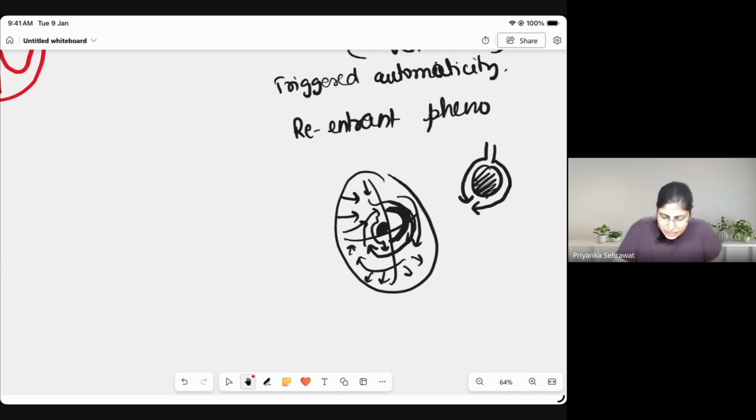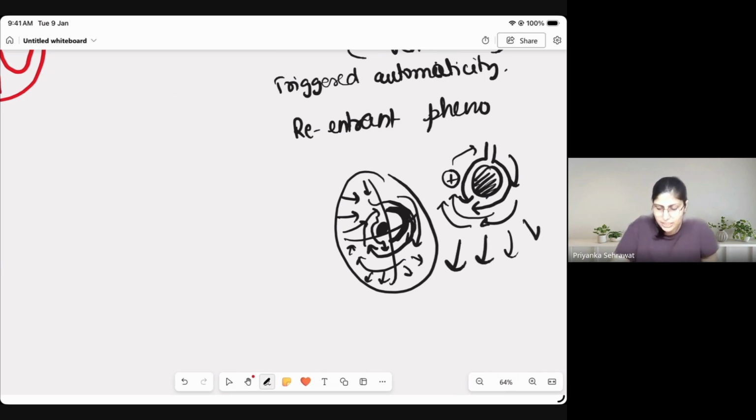Again, this current finds the tissue excitable and keeps on going in circles. This is known as reentrant phenomena. It keeps on throwing electrical depolarizations to the tissue downwards, which leads to arrhythmias, most commonly tachyarrhythmias. So these are some of the phenomena by which arrhythmias occur.